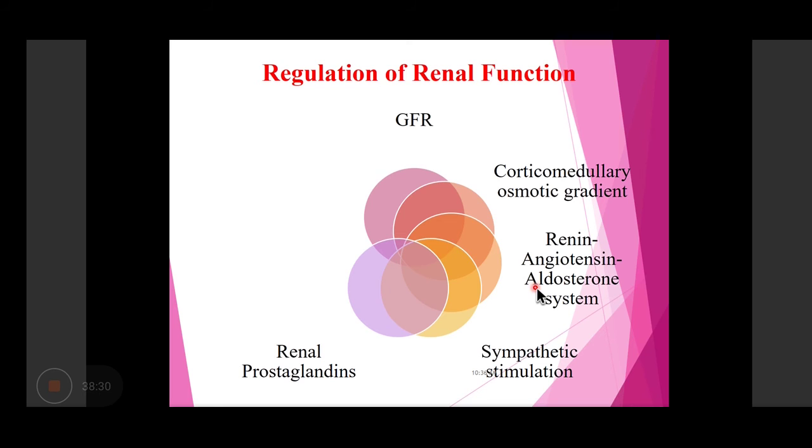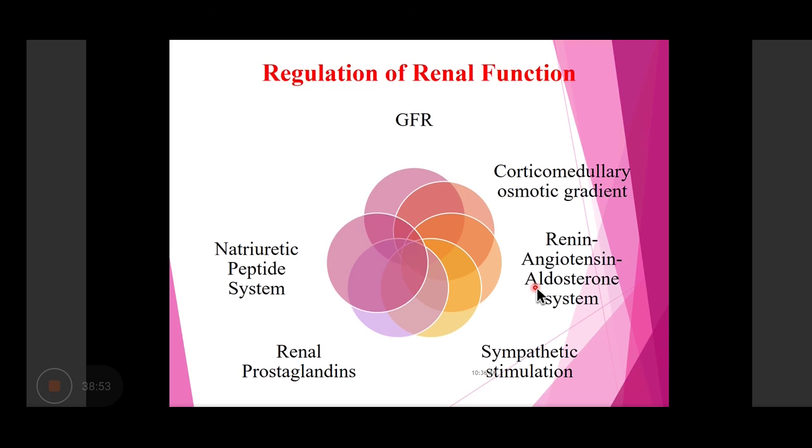That is why it is often said that NSAIDs can cause water retention. Again, these prostaglandins have a very major role in the renal autoregulation and urine formation and the fluid and electrolyte balance in general.